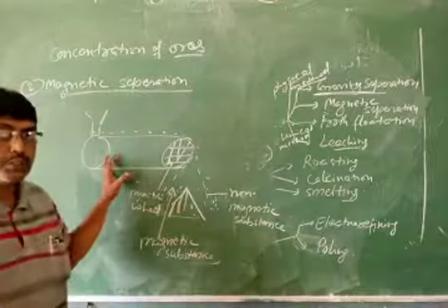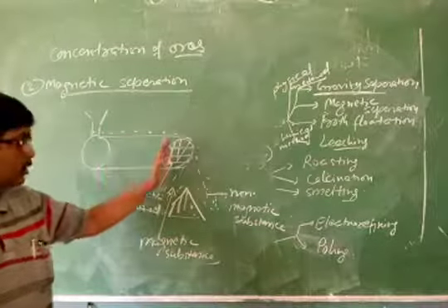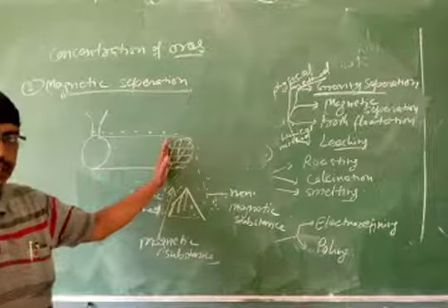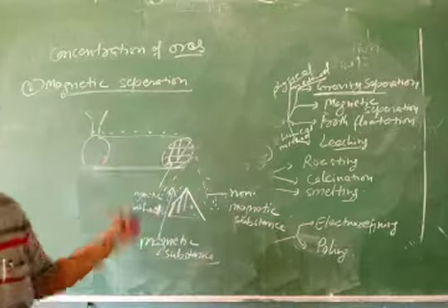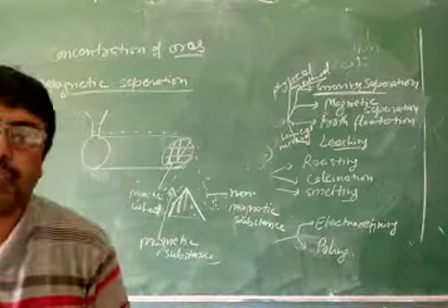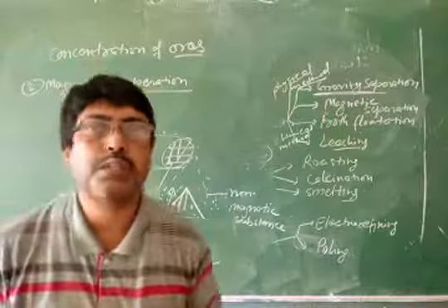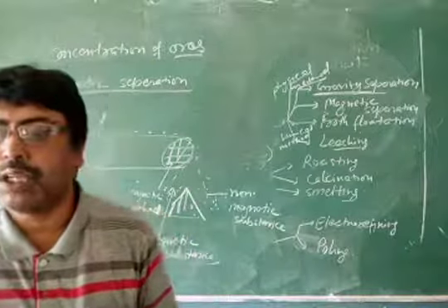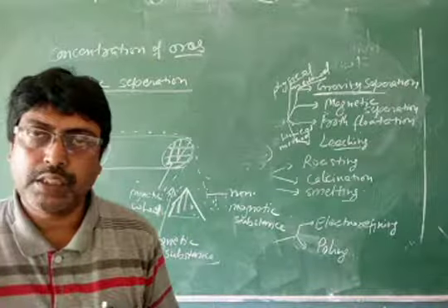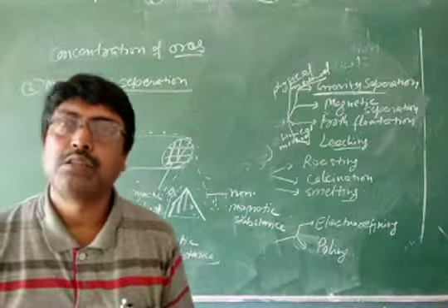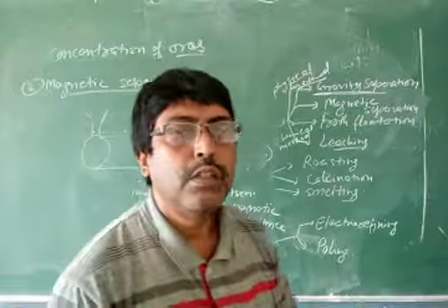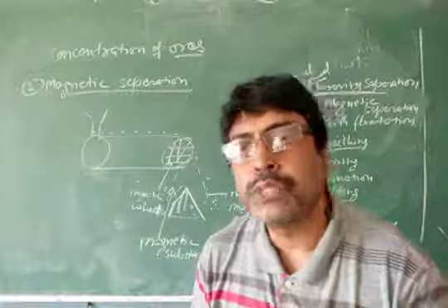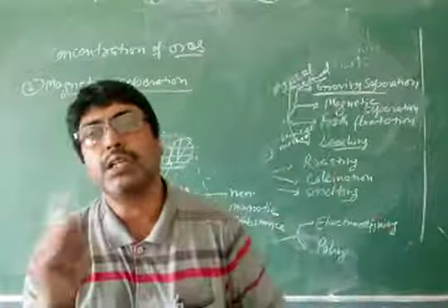This is magnetic separation, in which one is magnetic and the other is non-magnetic. This process can be used for ores which are magnetic in nature, or ores in which the gangue particles present are magnetic in nature.